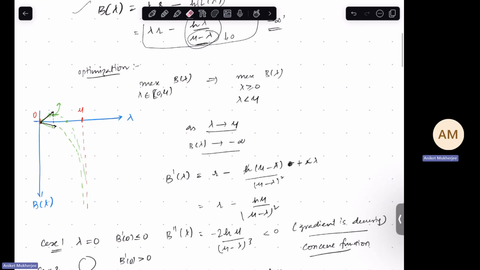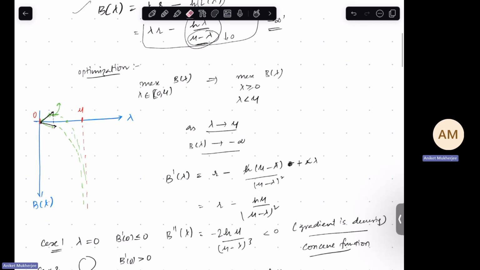If it is a concave function, the gradient is always decreasing. Now we need to see the gradient of the objective function at 0. If the gradient is positive, the reward function is positive immediately after 0, and then it keeps decreasing because the gradient is less than 0. It again hits 0, and then goes down to minus infinity as lambda tends to mu.